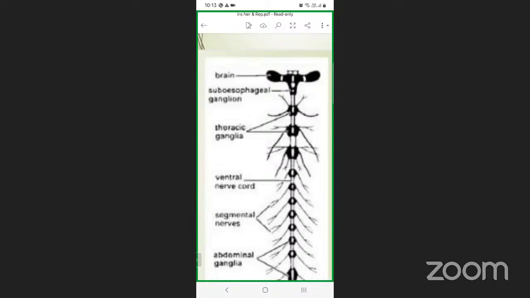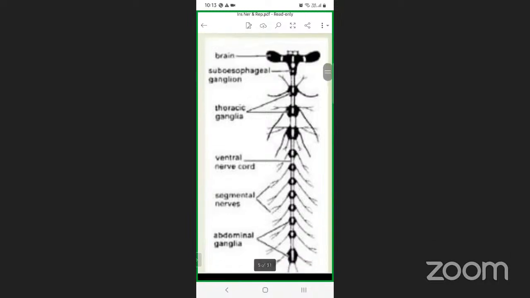In the thoracic ganglion, we see 3 ganglia, and in the abdominal ganglion, we see 8 ganglia. The region where these 8 ganglia are located is the ventral nerve cord, and along with them we also find the segmental nerves.